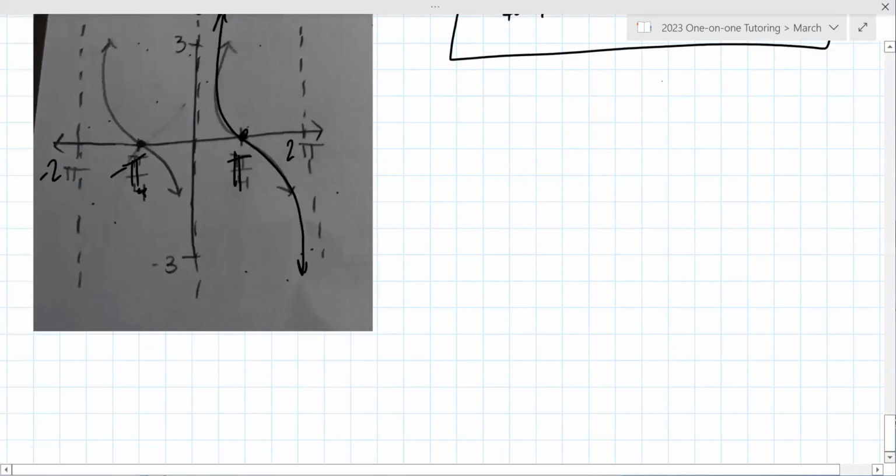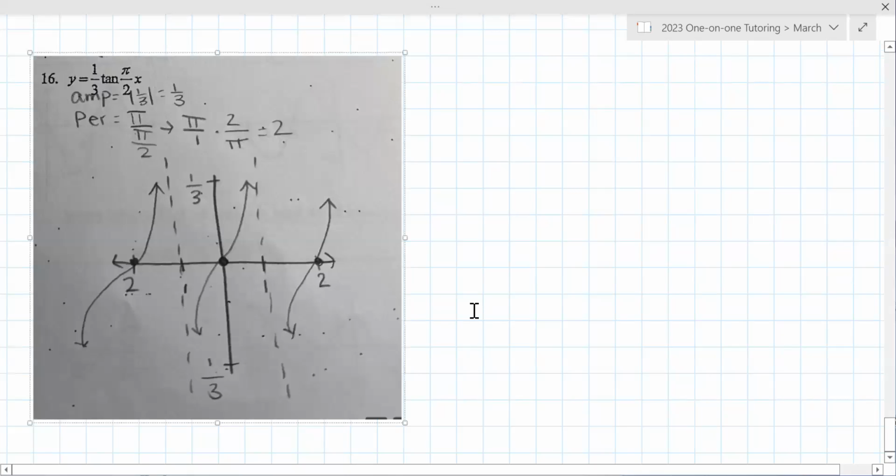Sometimes teachers want you to label the points on the tangent and cotangent, so you might ask how many points you'll be expected to label. Sometimes they just want that. I'd like to see one more over here. I'd like to see that this is at 3. This one's at minus 3. But overall, pretty good.